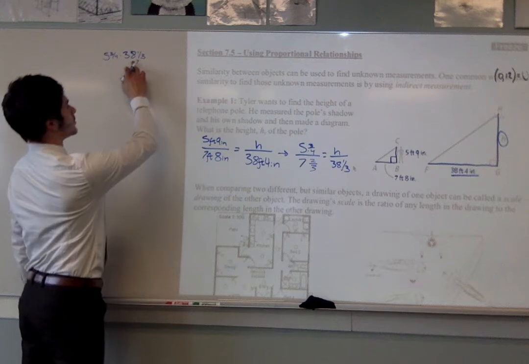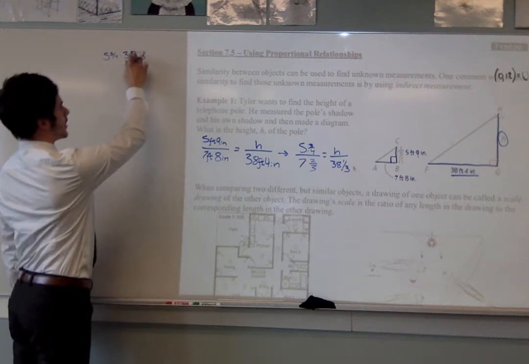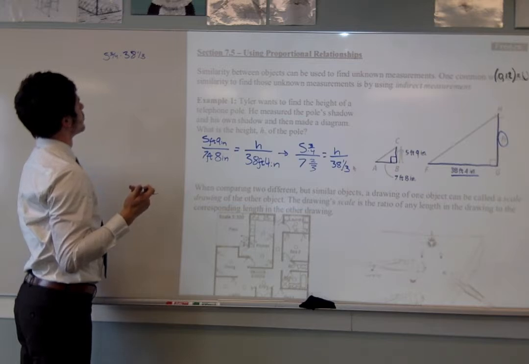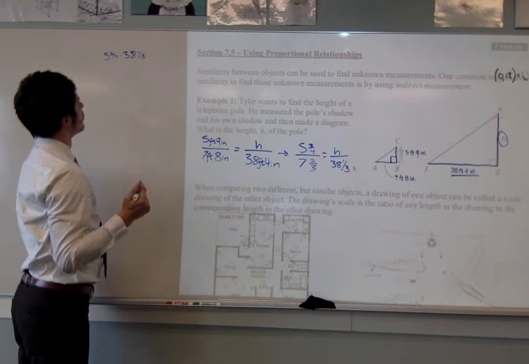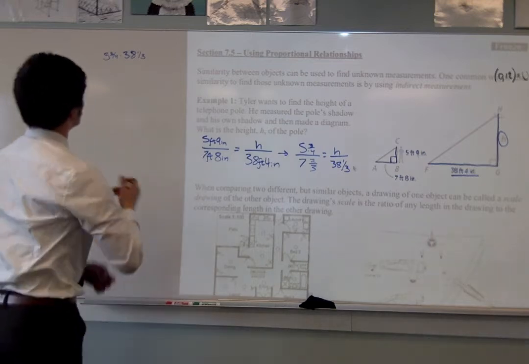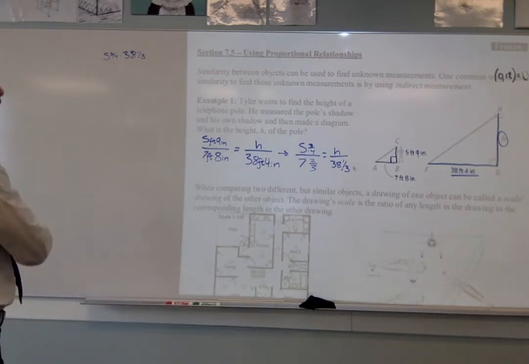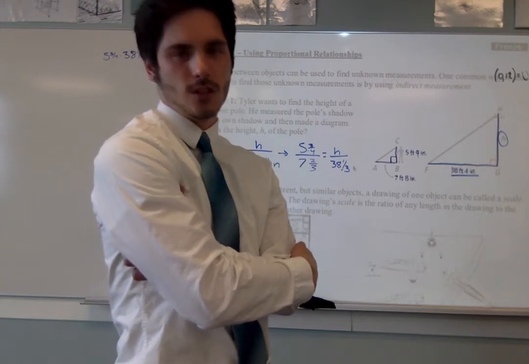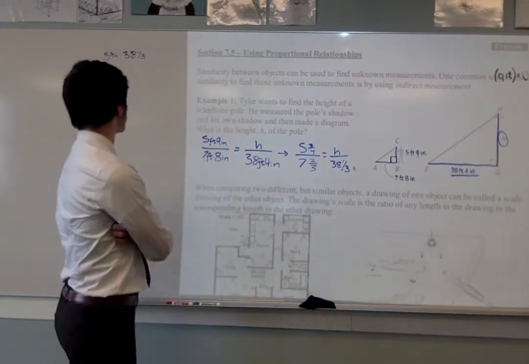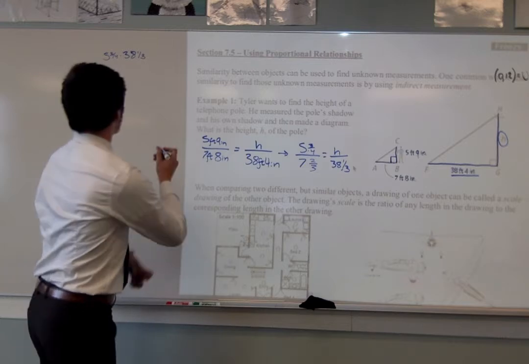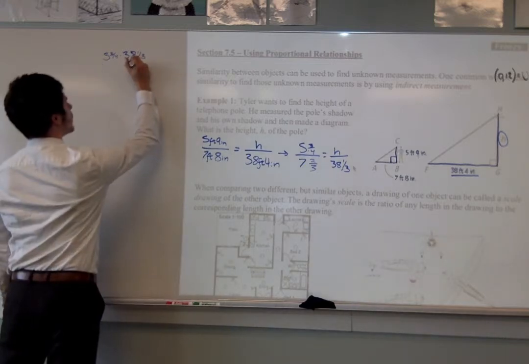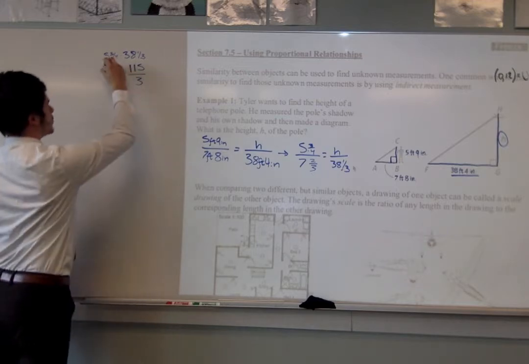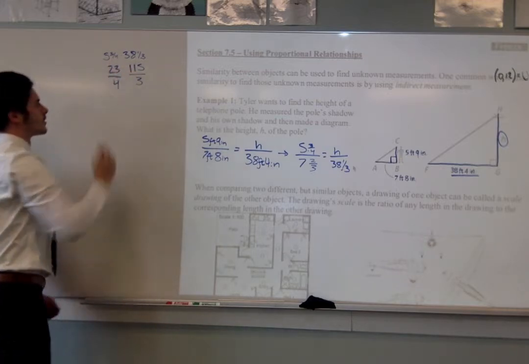So we would multiply 38 times 3 and add 1, and that's going to give us 115 over 3. And 5 3/4 is going to be 23/4.